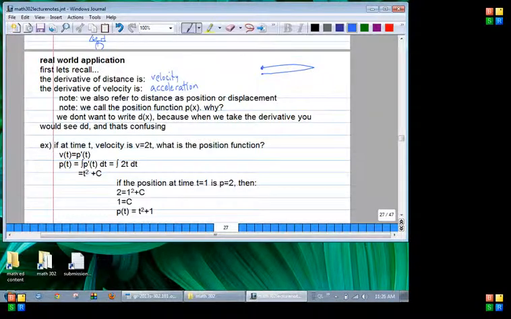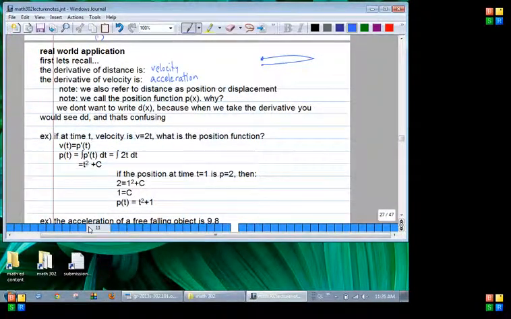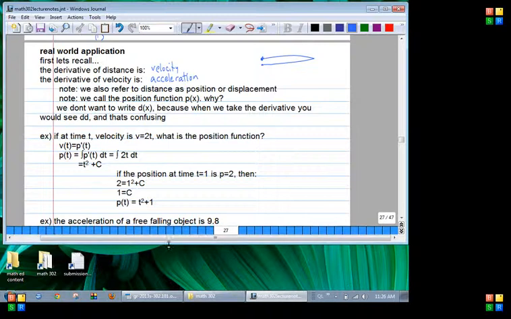All right, let's kick it up a notch. The acceleration of a free-falling object is 9.8. Who actually knew the value of the acceleration? It's called the acceleration due to gravity. A fair number of people. This is one of the first things you learn in physics.